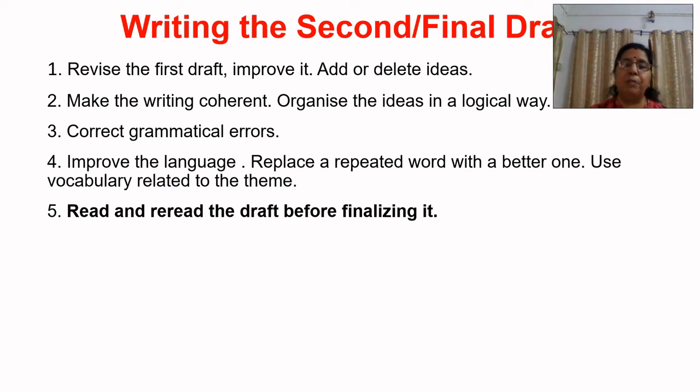While jotting down the points, you can jot down all the words and phrases related to COVID-19, like quarantine, swab test, social distancing, plasma test, donating plasma. So these are all words just to jot down. So see that your vocabulary is related to the theme.